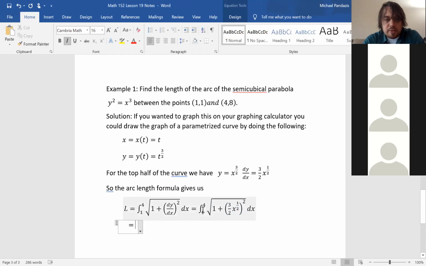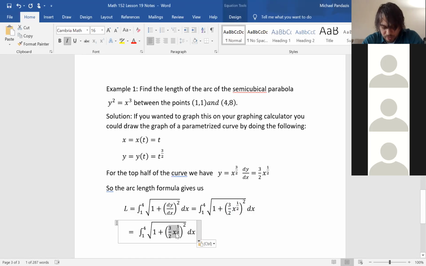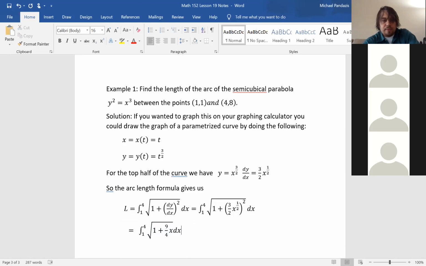Then this is equal to this definite integral, where 3/2 times x to the 1/2, squared, is 9/4 x. So when you square that, you'll get 9/4 x. Okay, so now you want to integrate that. So step 1 is done.